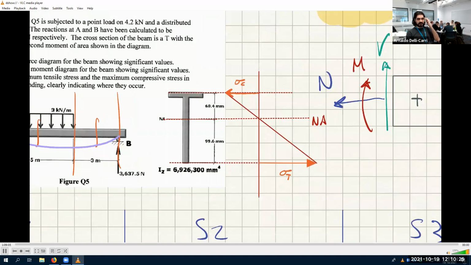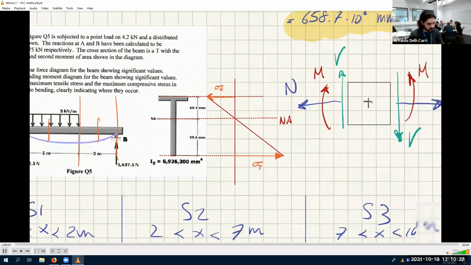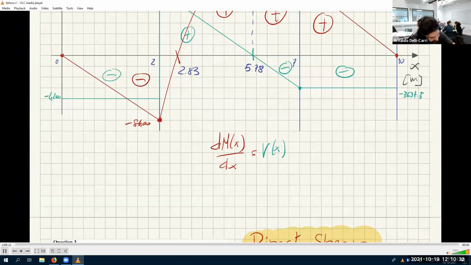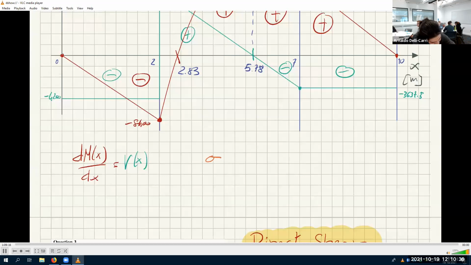And how large is this? How do you calculate the tensile stress in bending? Very simple. Sigma equals minus M over I times y.